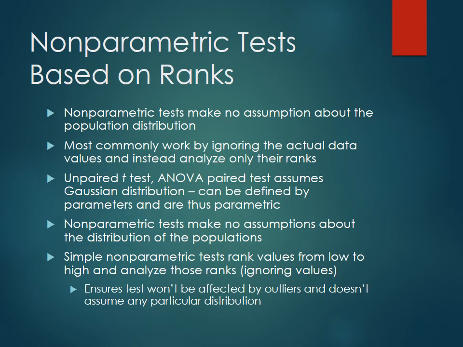Again, non-parametric tests are based on ranks, so they make no assumption about the population distribution. Because I'm not making these assumptions, these tests are, in general, more difficult to achieve significance with, because I'm not saying this is normally distributed data. That makes my analysis less likely to make a type 1 error and makes it more robust.